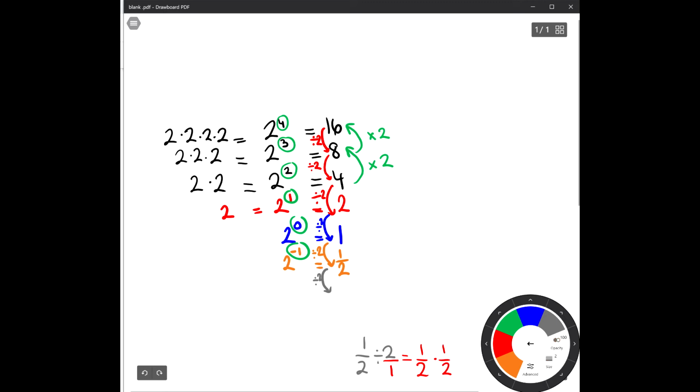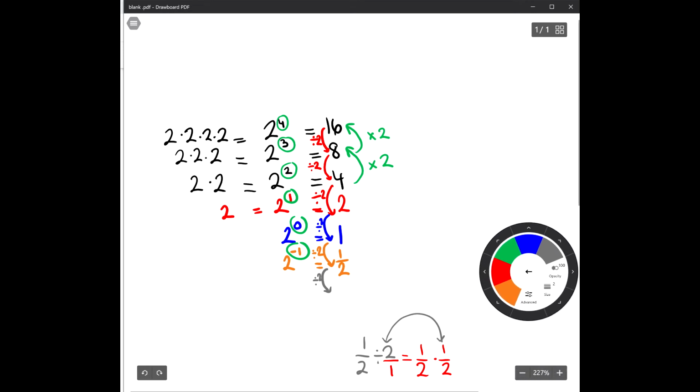You see how I changed the second fraction by multiplying by its reciprocal. Reciprocal means you flip it over. So the reciprocal of 2 over 1 is 1/2. So now I get 1 over 4. So 1/2 divided by 2 is 1 over 4.